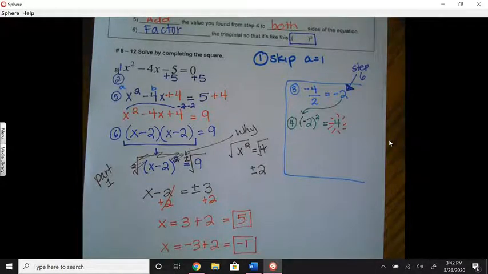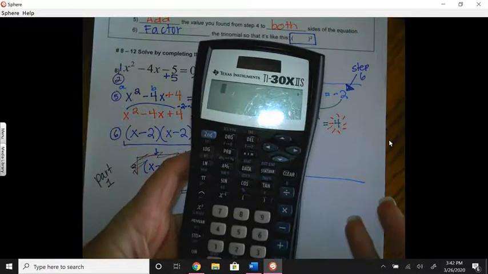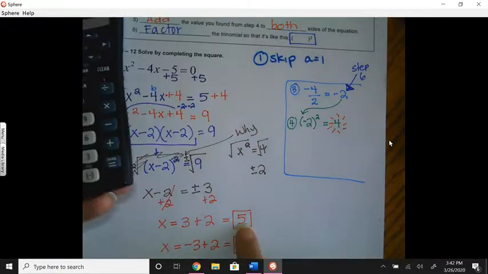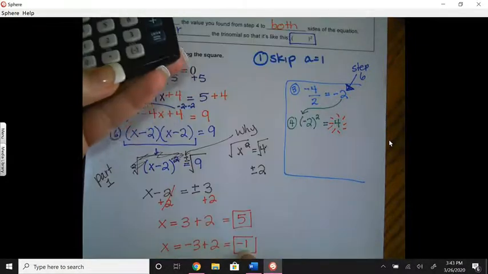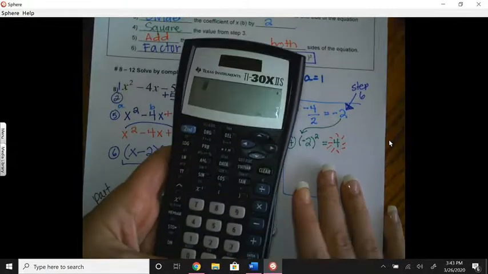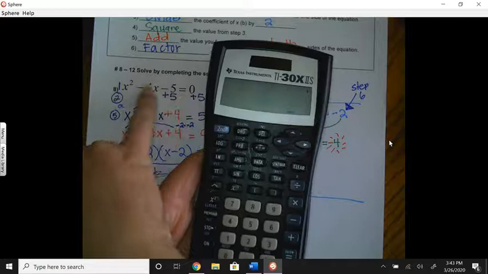So then if we want to feel good about our answers, we can take our calculator and plug them in. So I'm going to demonstrate with one of them for time's sake here. I'm going to go ahead with -1. I'm going to show you that -1 does make this equation work and make both sides equal.